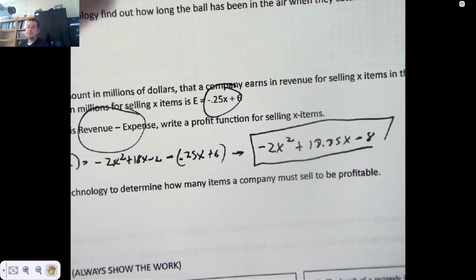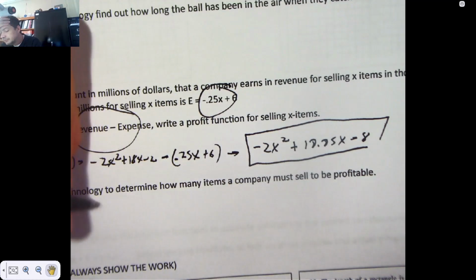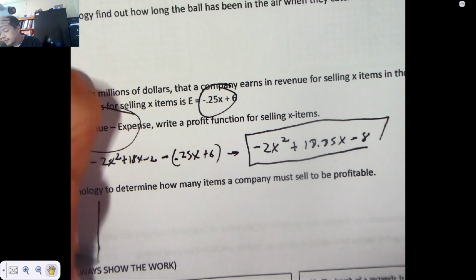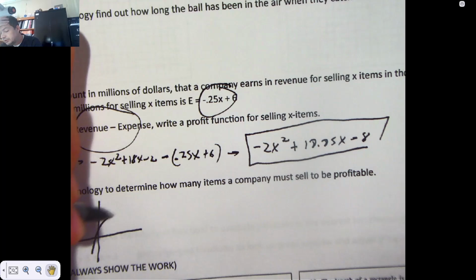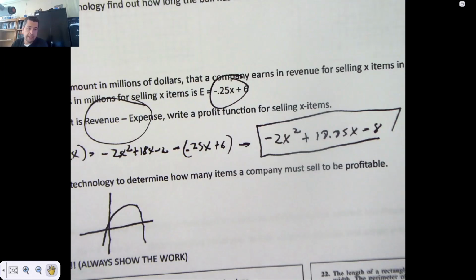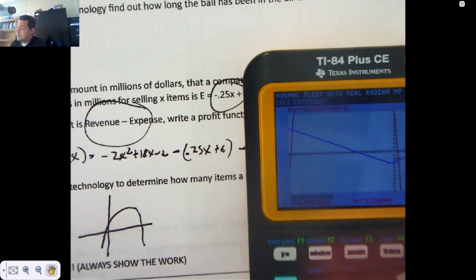Use technology to determine how many items a company must sell to be profitable. If you think about what's going to happen here, you should be seeing a graph look something like that because negative 2. So let's take a look at it.